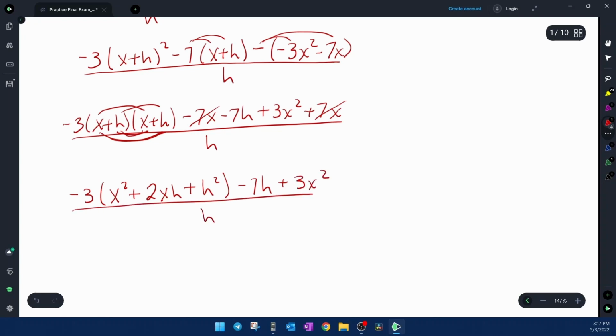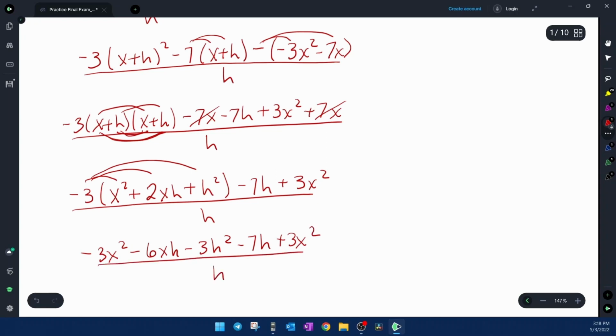All over h. And now we can distribute the negative 3. Giving us negative 3x squared minus 6xh minus 3h squared minus 7h plus 3x squared all over h. And now notice the x squareds cancel.